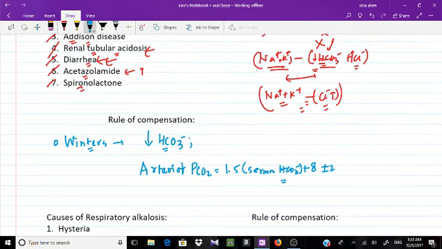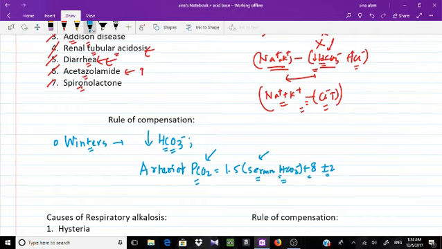I just took it from something and pasted it here, so don't take it as accurate. So this is the rule of compensation. The arterial PCO2 will follow this compensatory rule: 1.5 times your measured bicarbonate plus 8, plus or minus 2. If it breaks the rule, then you suspect there may be some mixed acid-base condition going on.